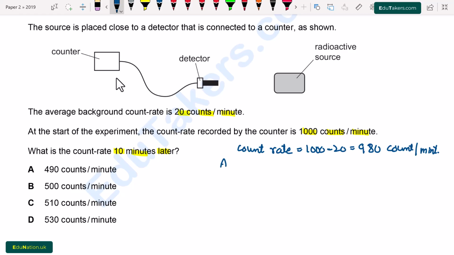So after the first half-life, or after 10 minutes, count rate will be equal to 980 divided by 2, which is equal to 490 counts per minute.